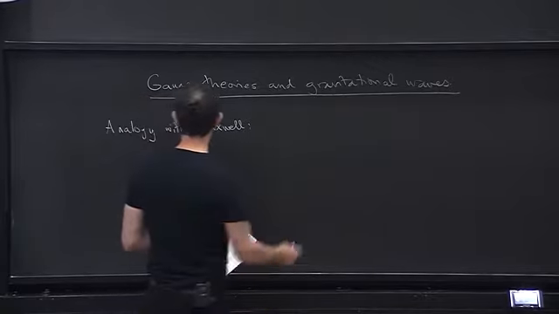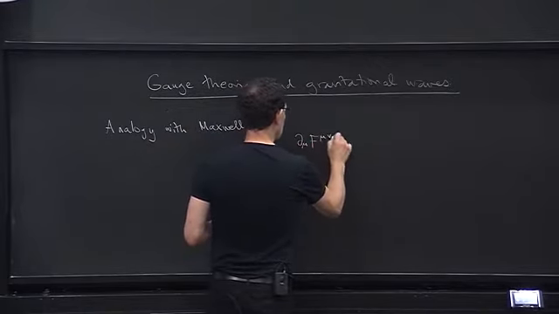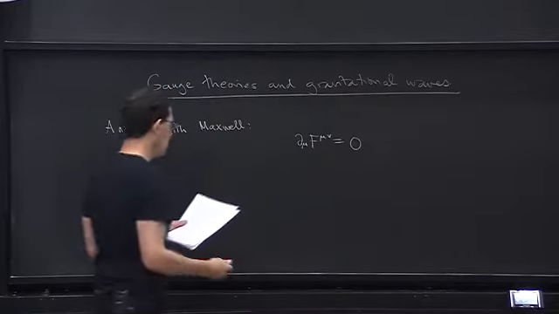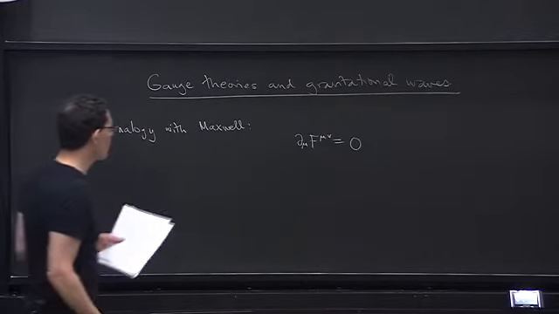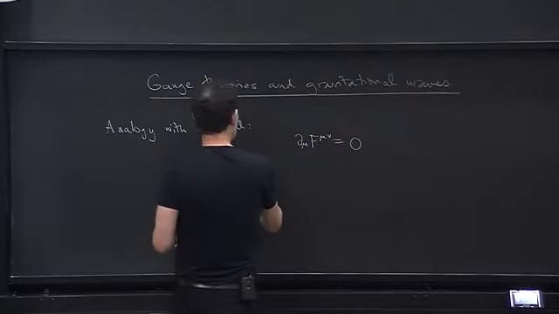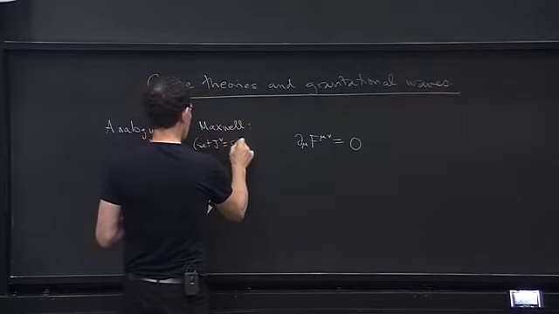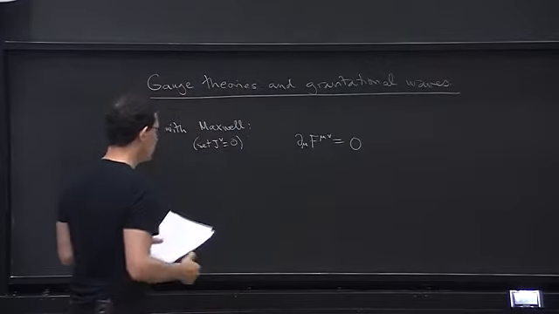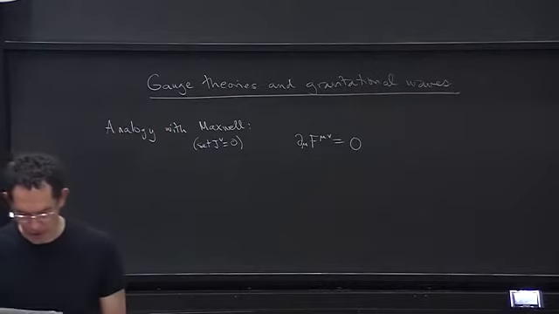So Maxwell's theory, we look at this equation to define gravitational waves, electromagnetic waves, right? Maxwell. So set J equals 0. And we already showed that this equation gives rise to electromagnetic waves.